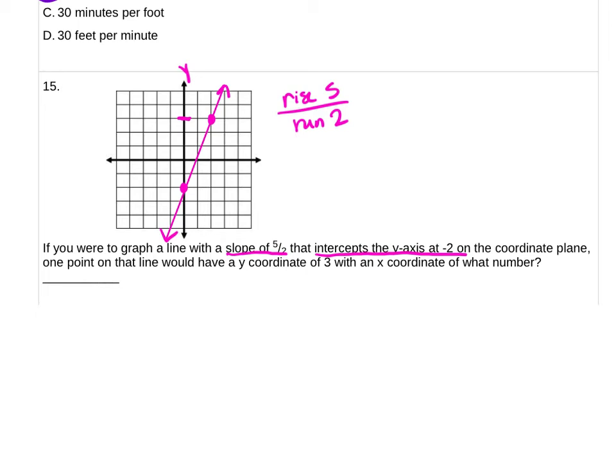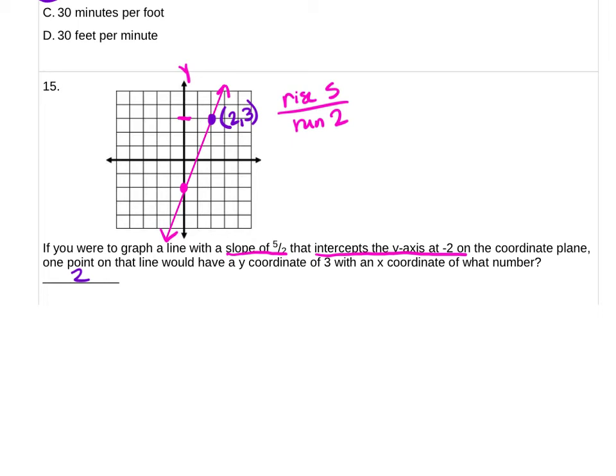So that is describing this point. It's the only point that has a y-coordinate of 3, and it would be at the point 2, 3. And so then we're just naming what the x-coordinate is there, and it is 2. So we figured that out by graphing the line that it described and then just looking at what information it's asking from there.